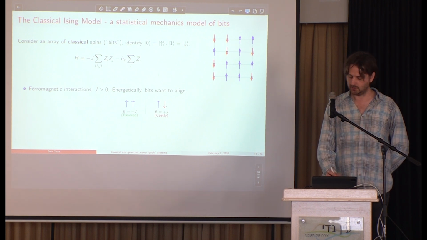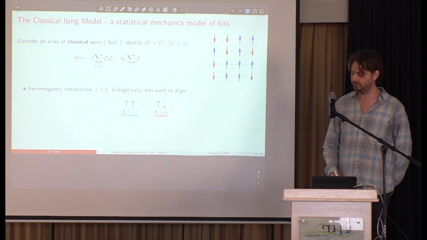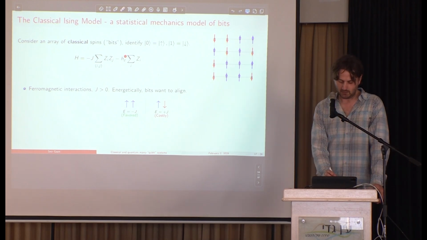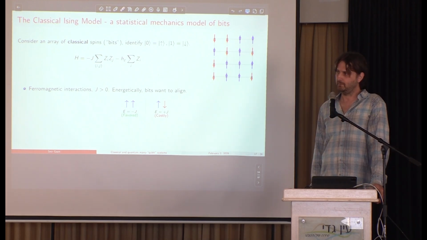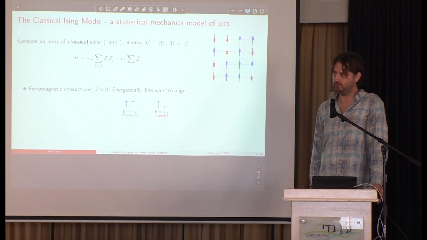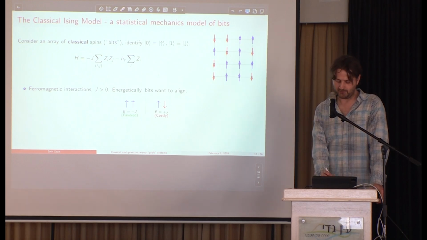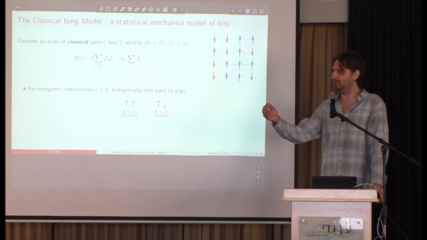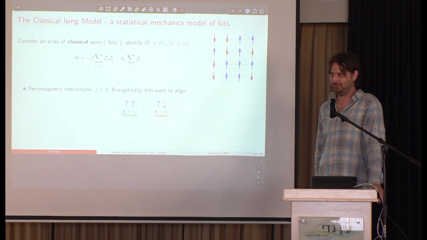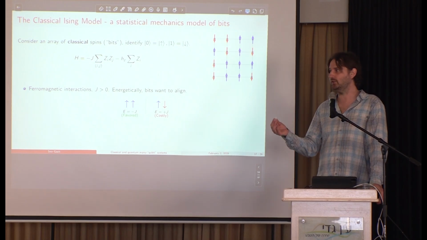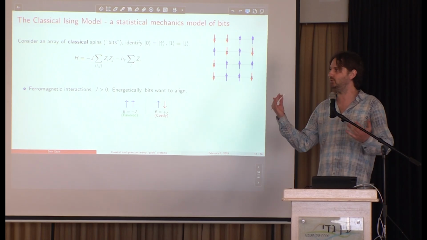H, J, Hz. J is just a parameter. It's a constant, a number. And H is a number too. It's a single number. Why do you have a subscript? Because later on, there will be Hx. And you can imagine this would involve quantum mechanics because Z and X do not commute.